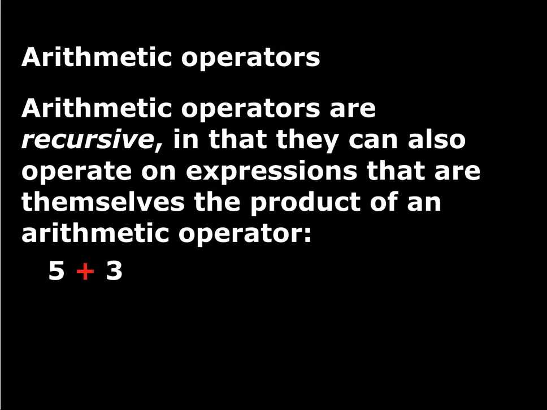So here's 5 plus 3. That's the product of atomic statements and the arithmetic operator of addition. But then we can take that expression, this compound statement, 5 plus 3, and use it as input to another operator.